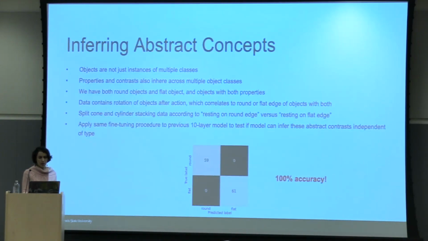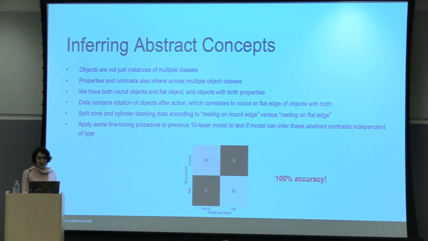We also try to infer abstract concepts. In general, our objects are not just instances of multiple classes. They include properties and contrasts that exist across our objects. We have round objects, such as the sphere and egg, and flat objects, such as rectangular prism, cube, and so on.